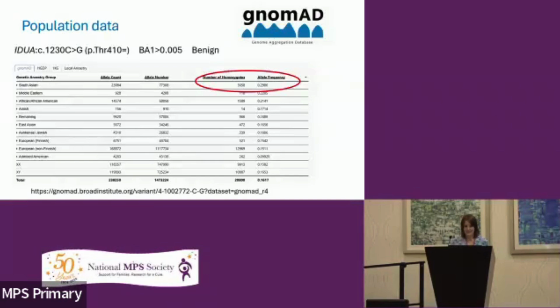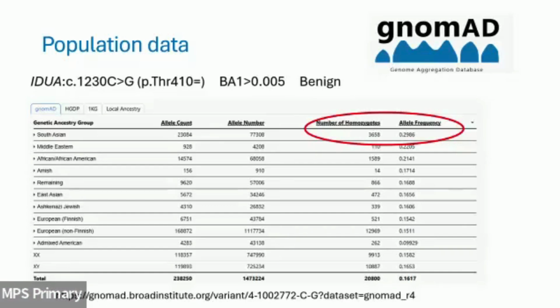You'll see here, this frequency here is based on calculations that our group did to try and figure out anything that's more common than this we would consider to be a benign variant. And as you can see in gnomAD here, the allele frequency, the frequency of that variant is much more common. And there are also over 3,000 homozygotes. So we would classify this variant as benign.